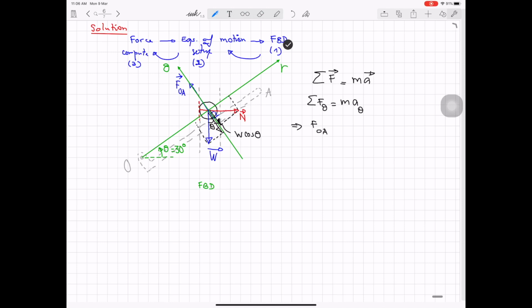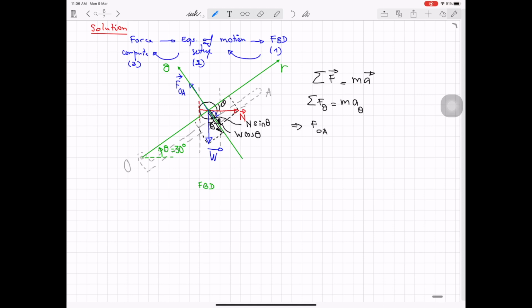Its value will be N times, if this is theta, then this angle will also be theta. So it will be N sine theta.